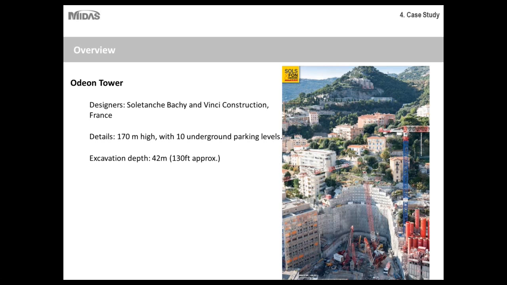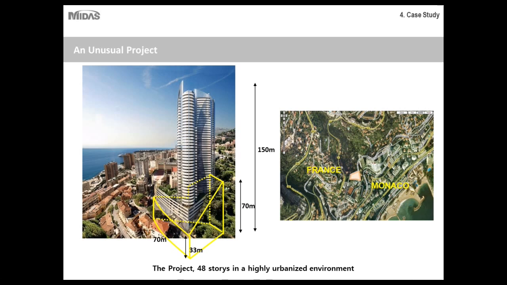And this project, as you can see from the site itself, is carried out on extremely steep sloping land, and it is very unsymmetric, and the area is highly urbanized and densely populated, and in the area with the sloping terrain, they had to construct this building. So it is an unusual project.